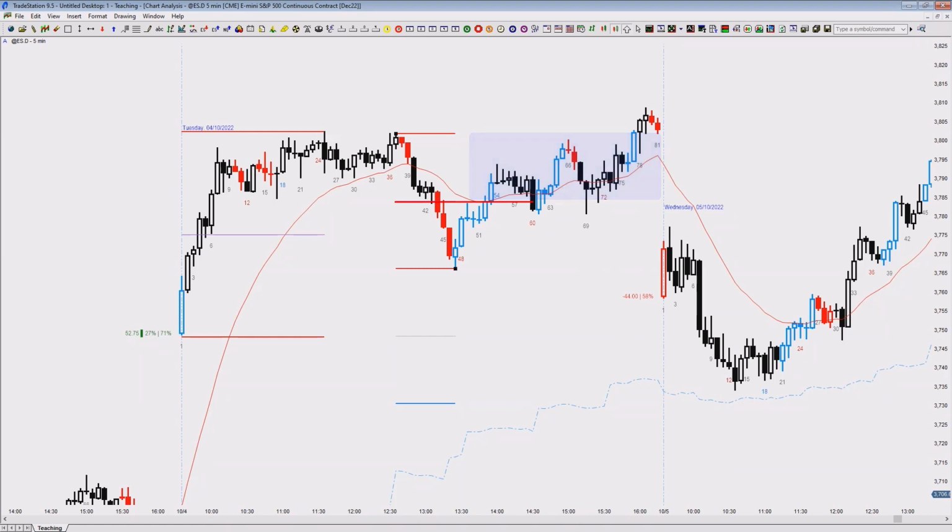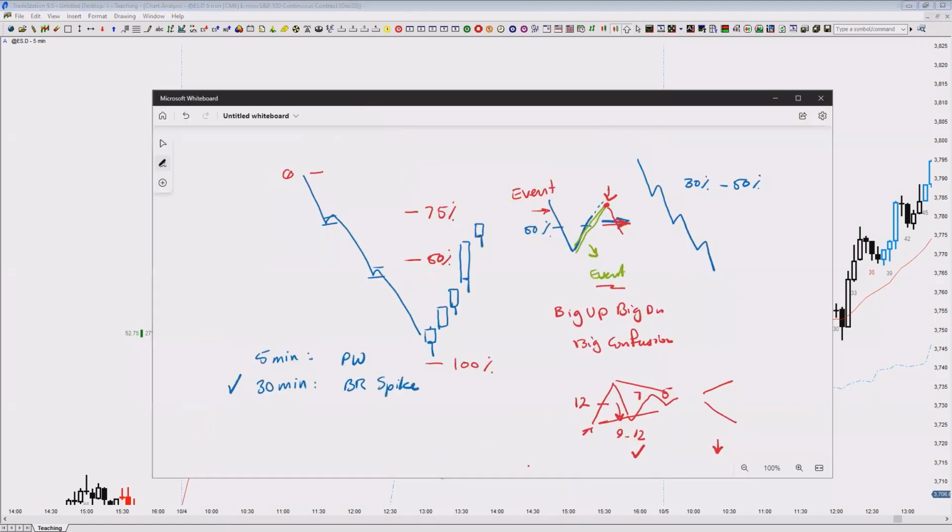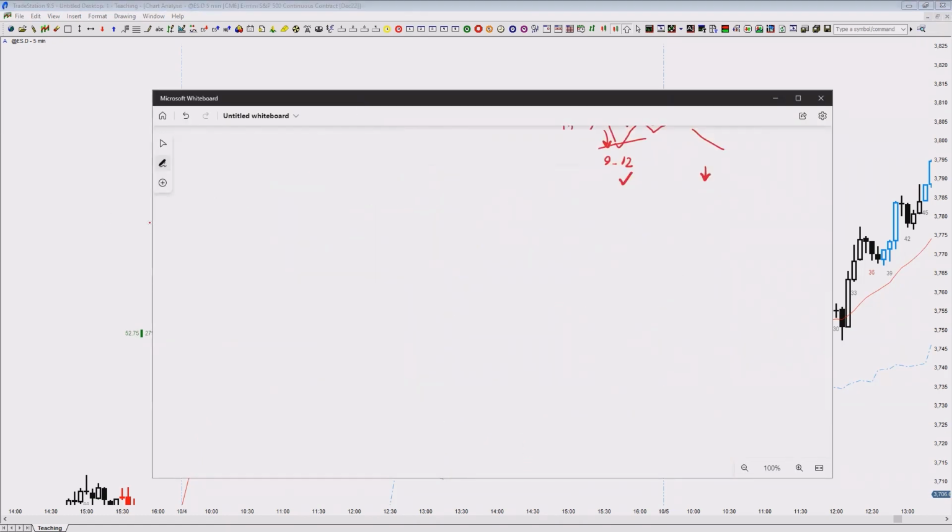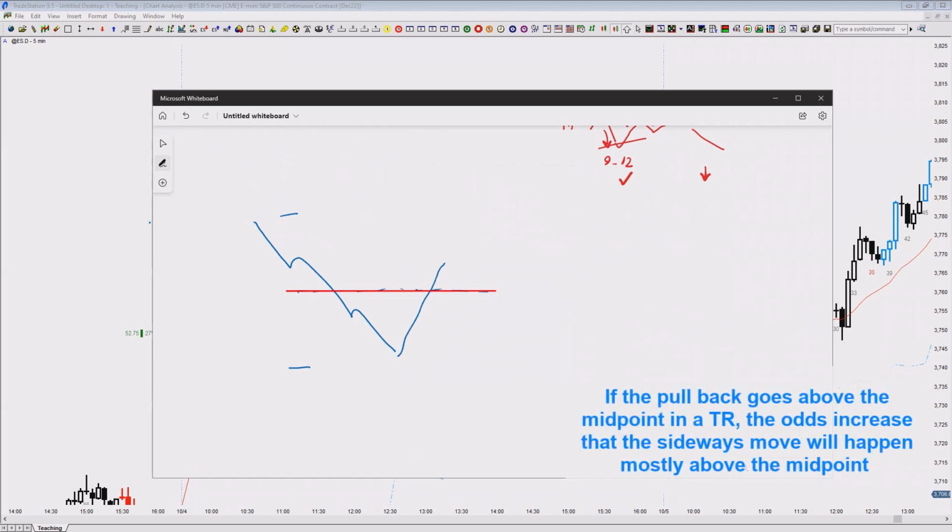Now going back to here, there's one more thing I want to talk about. If you look at your trading range, so big leg down, this is the range from here to here, and this is the midpoint. If the market goes above it, based on how much it goes above it, then odds are the sideways move is probably going to perform mostly in this area.